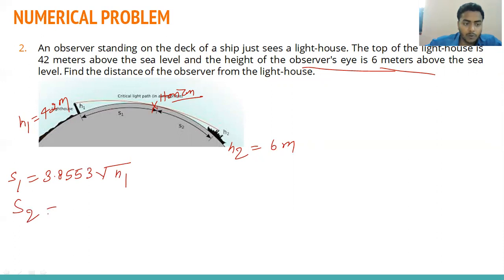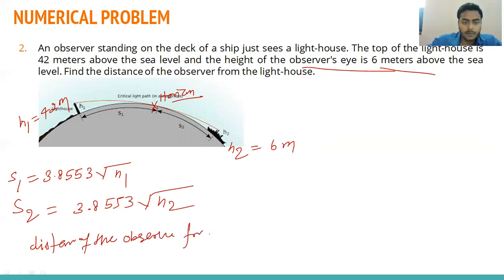Now we can calculate H2 also, 3.855 root under H2. So we can calculate the total distance of the observer from the lighthouse, S1 plus S2.